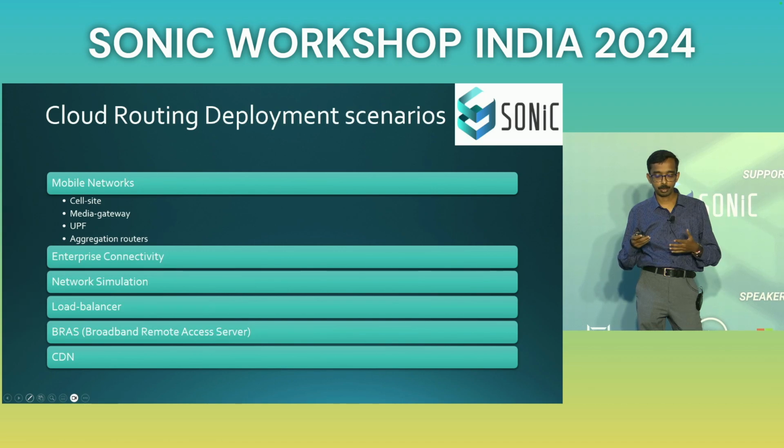Also there are some servers that are getting dedicated for control plane routing for the various control plane applications in the mobile network. That is another area where we are seeing the virtual cloud routing environment getting expanded.